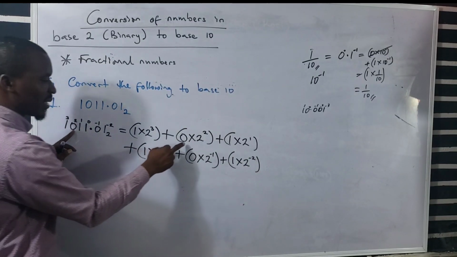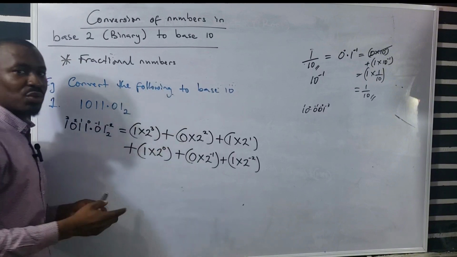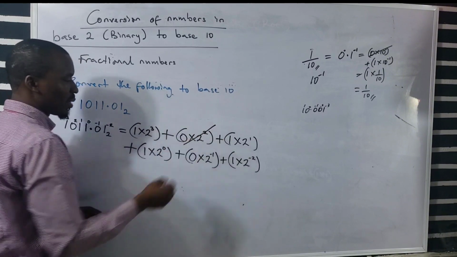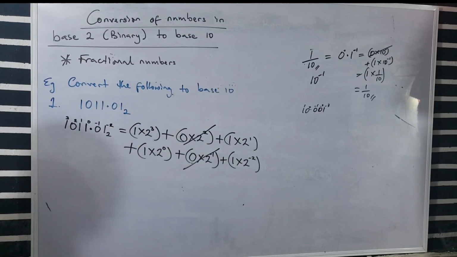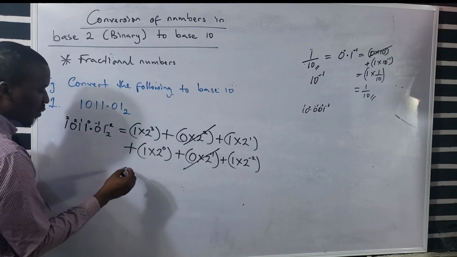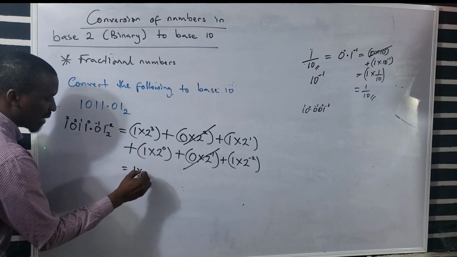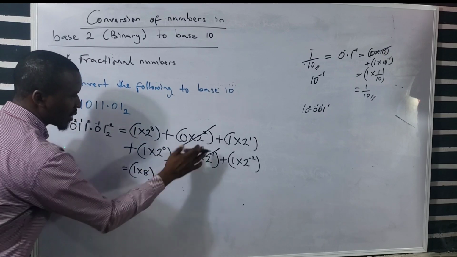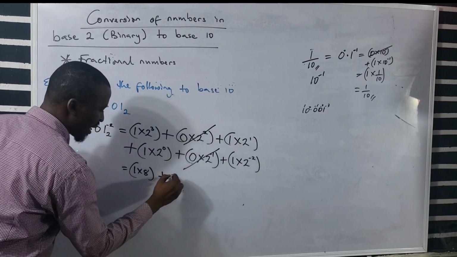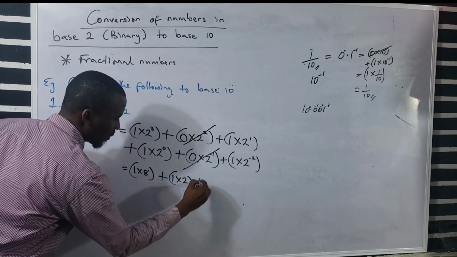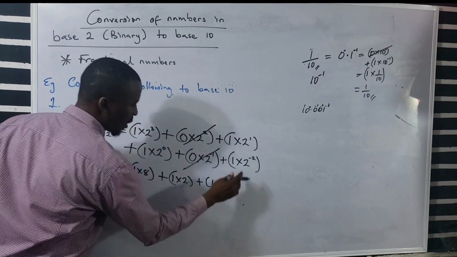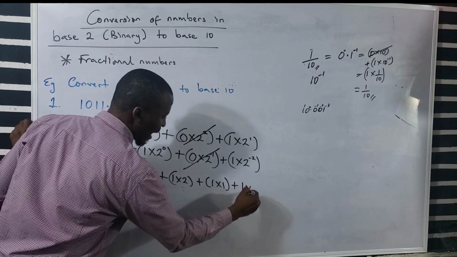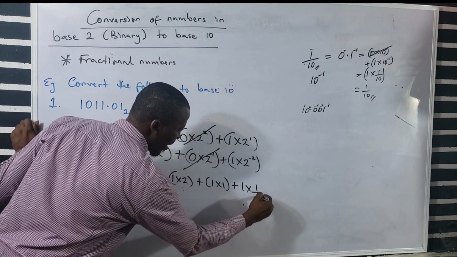Okay, remember what I told you? Whenever you are multiplying by 0, you can simply cancel those terms out. So these ones will be out, and this one will also be out. Whatever we have left is what we are going to simplify. So simplifying, it will give us 1 times 8 plus, this one is gone, so we have 1 times 2 plus 1 times 1 plus 1 times 1 over 2 raised to power 2.